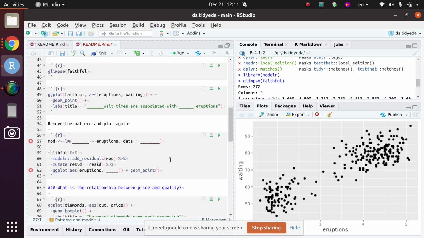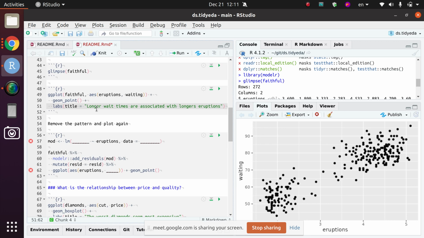What I wanted to complete this plot with is a description of the relationship that we see. So in this case, what we see here is that longer wait times are associated with longer eruptions, which could be any other relationship.